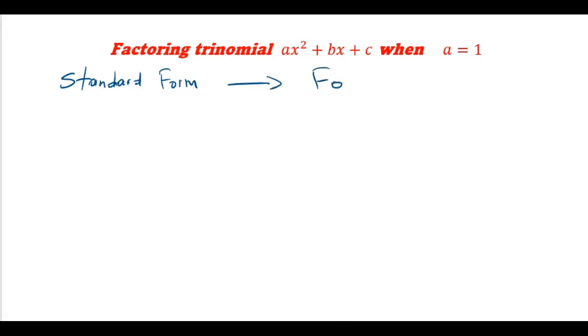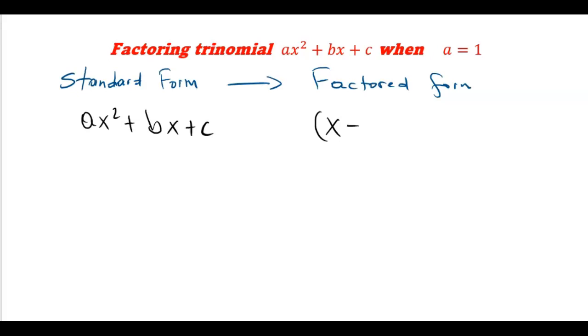The standard form of a quadratic function is ax squared plus bx plus c. And the factored form is x plus a, times x plus b. So we want to take it from that form and convert it to that form, from standard form to factored form.